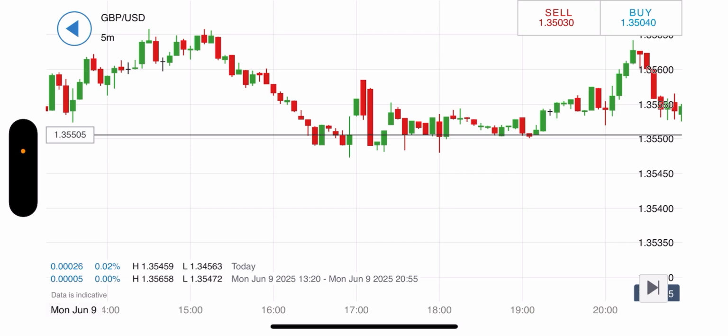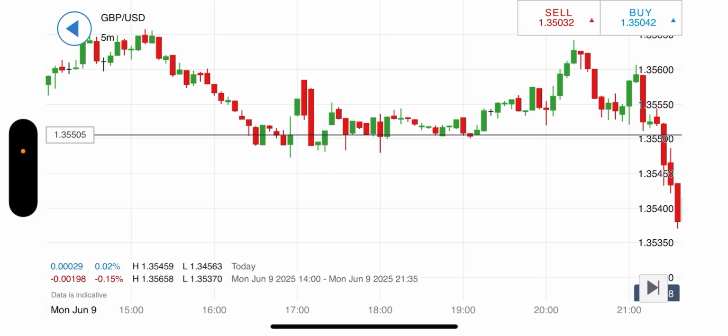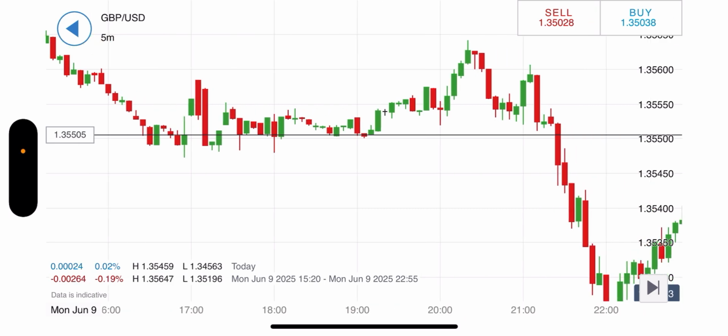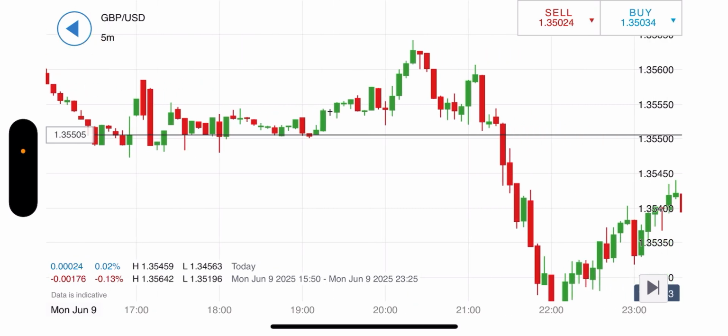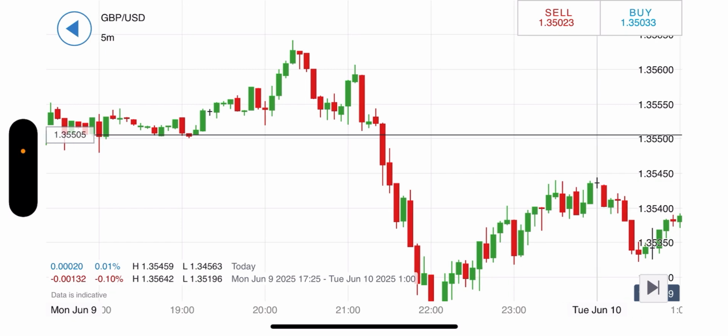Okay, so we watch the market after that, although we don't need to sit there and watch it, but we get up at the beginning of the London market to see what's happened. And you can see that after the New York market closed, the pair went up and down above the line, but mostly above. But then by 9 p.m. here, 2100, and then leading into 2200, it went down quite a bit.